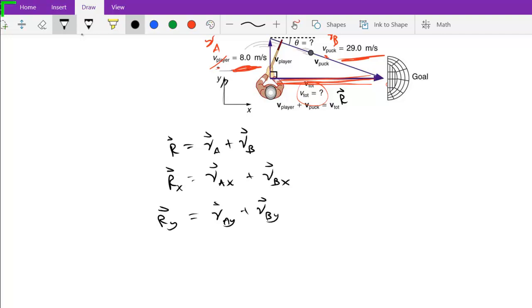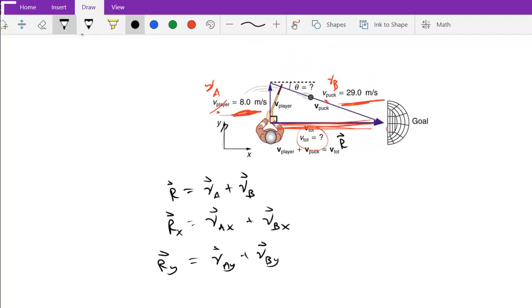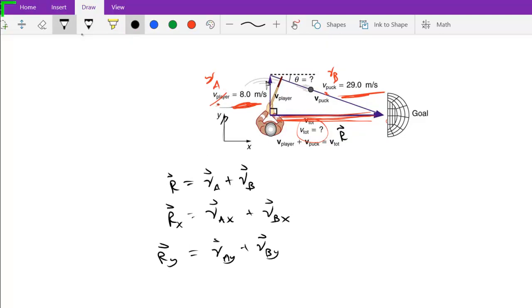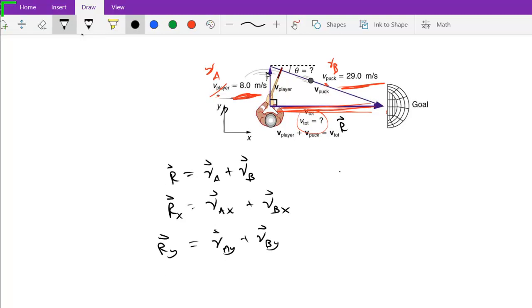And so if we look at the way this was defined, A was going strictly in the y direction, so let's just write out this vector here. So VA is going to be the vector, the x component was 0 and the y component was 8, and the units of this are meters per second. And vector B will have both an x and y component.